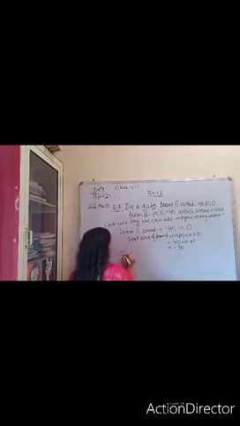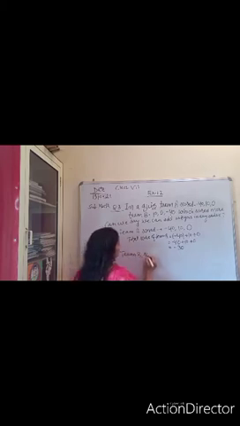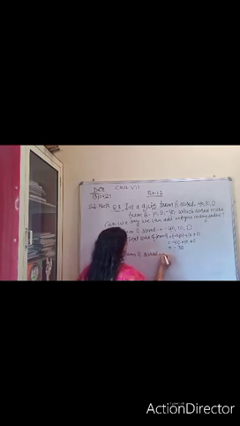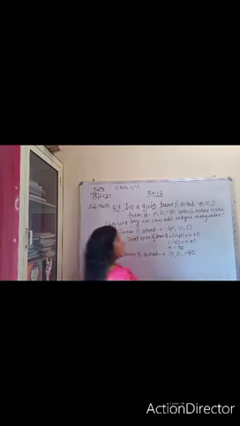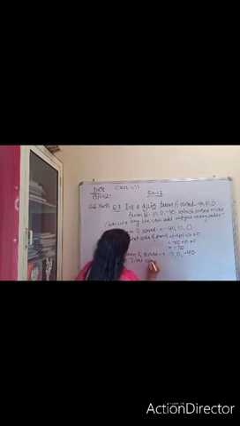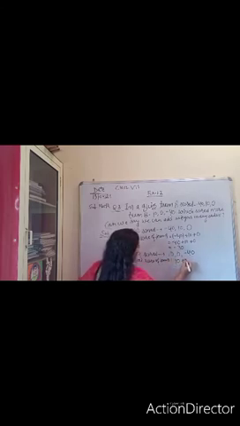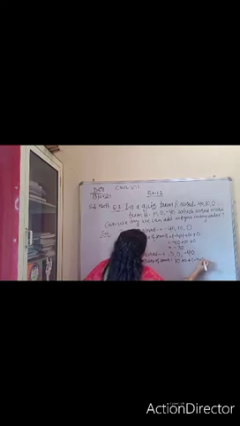Now we will find out team B's score. Team B score equals again 10, 0, -40. Okay, so the total score of team B equals 10 plus 0 plus -40.